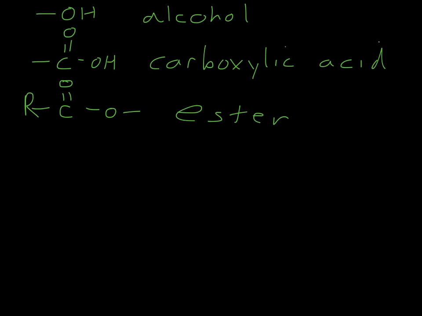When we see an R in organic chemistry, it means rest of molecule, the part we don't care about. Carbon double bonded oxygen, carbon bonded to the oxygen, and then that oxygen bonded to the rest of the molecule. So when you see that pattern, you have an ester.